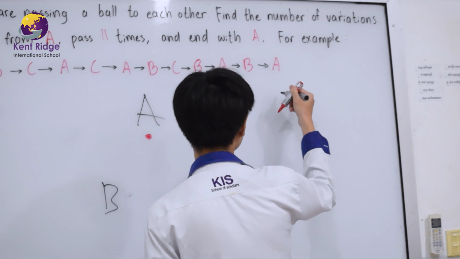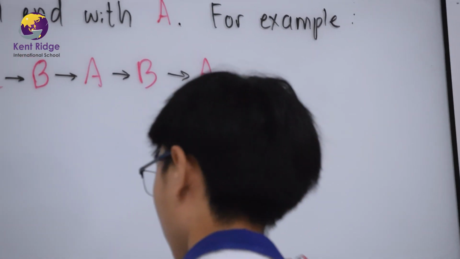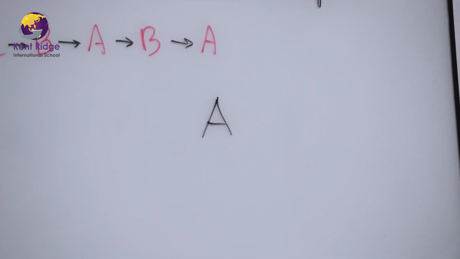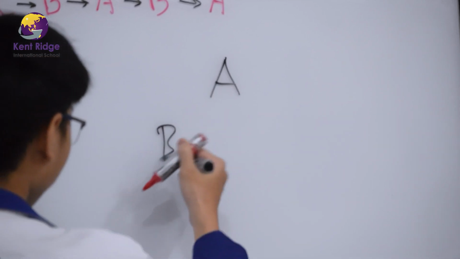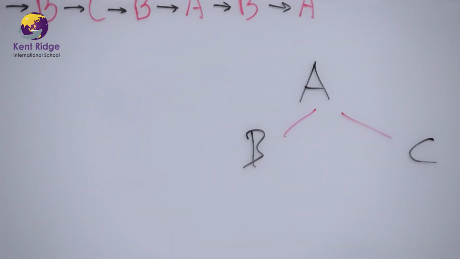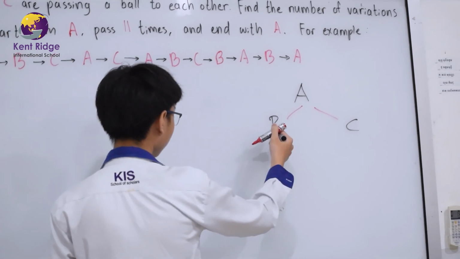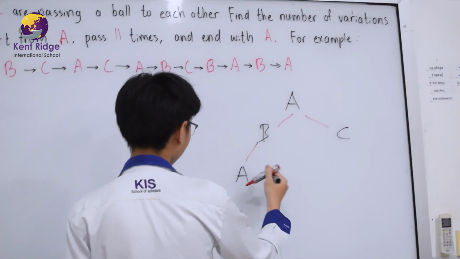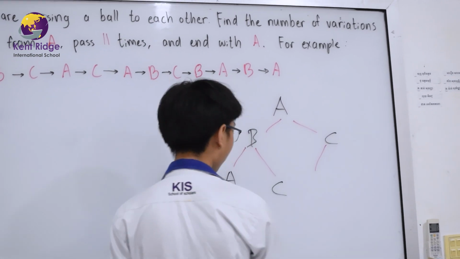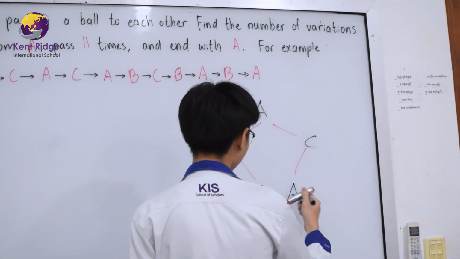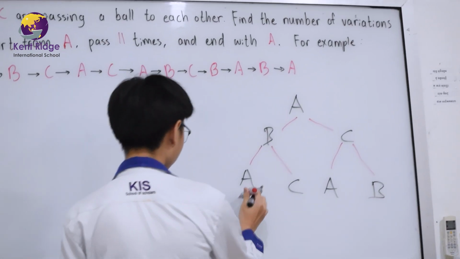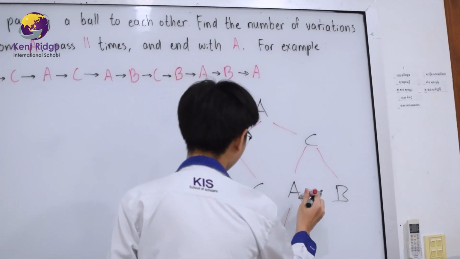So first we start at A, and then A can pass either to B or to C. So A can pass to B or to C. If the ball is passed to B, B can decide to pass to A or to C, and C can pass it to A or to B. And I'll draw another layer.